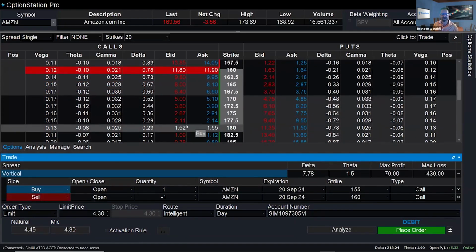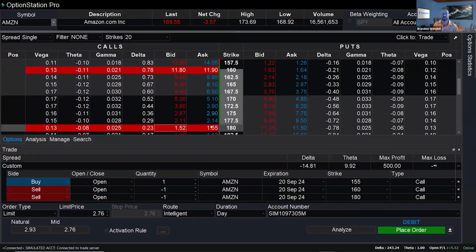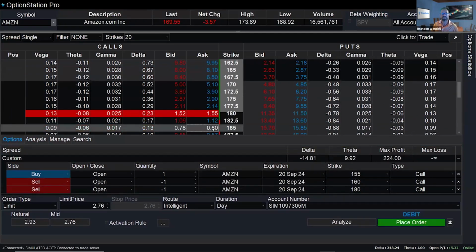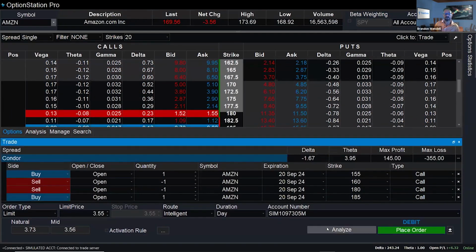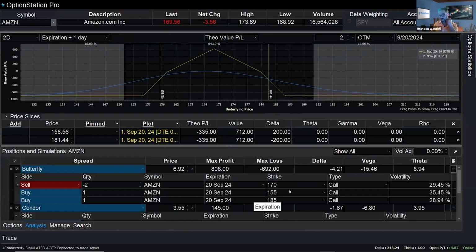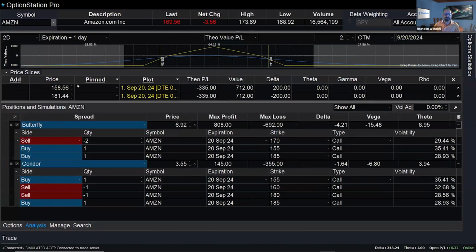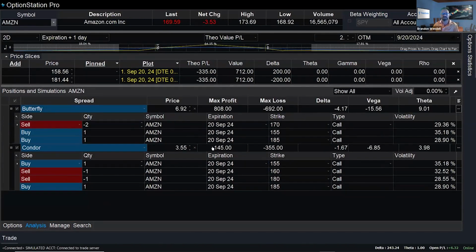I just want to show you how they look compared to each other. Don't worry about that shape right now. Again, max profit 808 versus 145, max loss 692 versus 355.